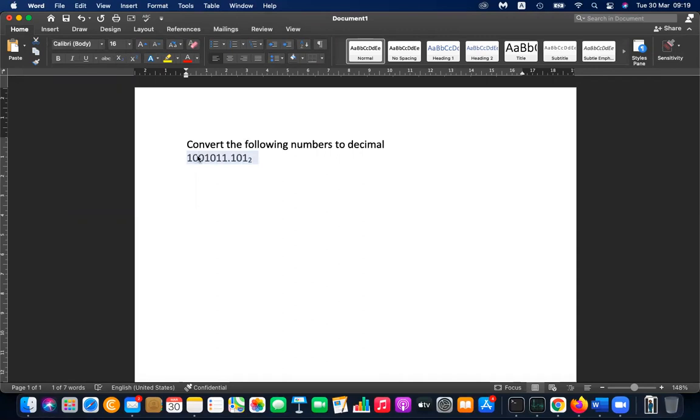The second one is an octal number. The third one is a hexadecimal number. Okay, 3 will be enough.